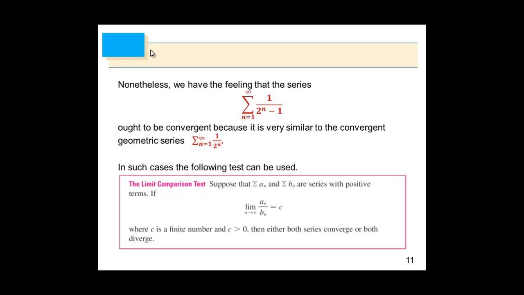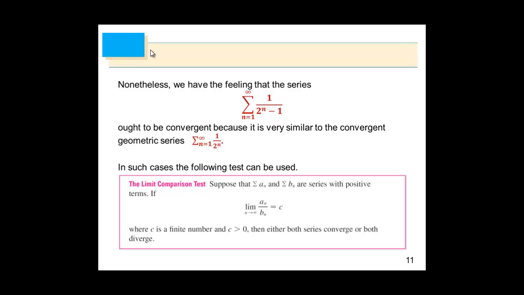Suppose that I have two series, sum an and sum bn, and both of these series have positive terms. And suppose that the limit as n goes to infinity of an divided by bn is a number c, and let's assume that c is strictly bigger than 0.